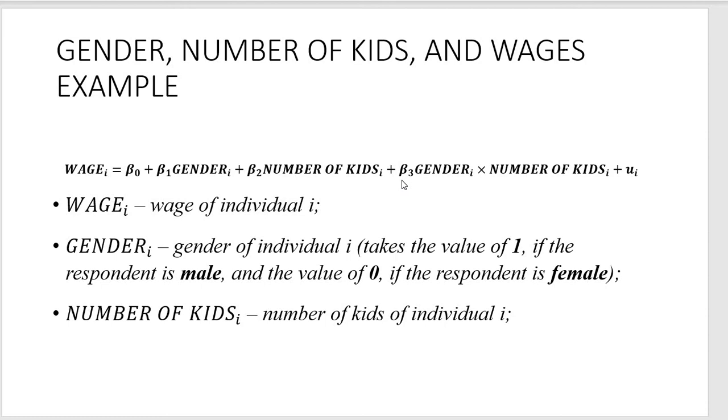And also, I assume that beta 1 stands for the effect of gender. And also, I assume that females will be affected more significantly, or strongly, by the number of kids. So that's how I expect it to look.